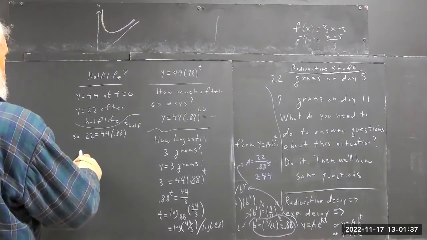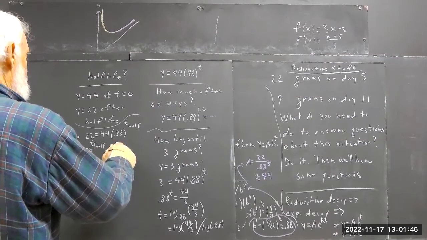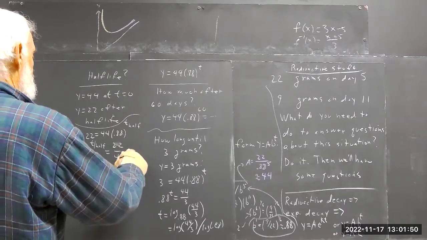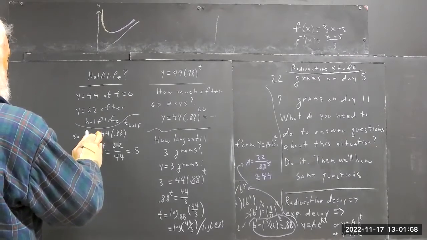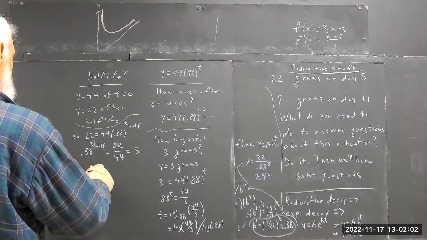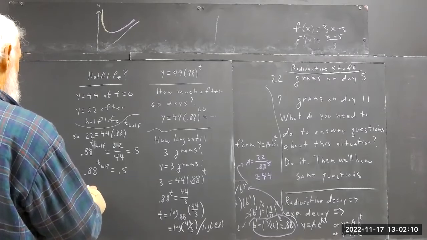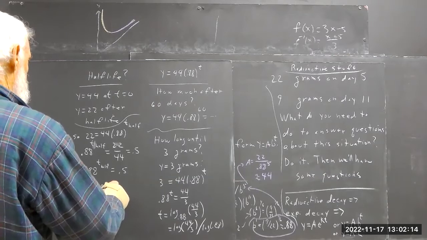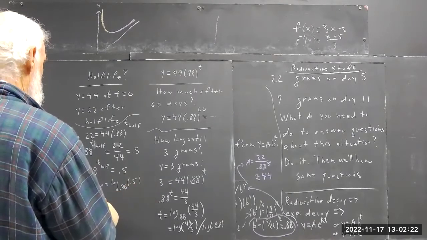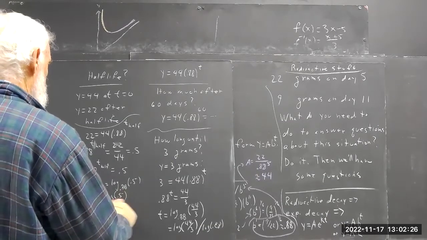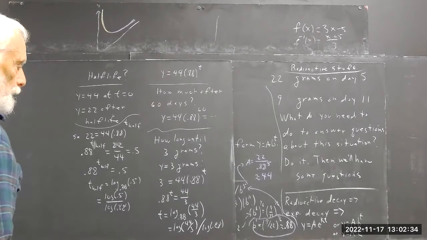So solve this equation. The solution is very easy to write out: the log of 0.5 over the log of 0.88.